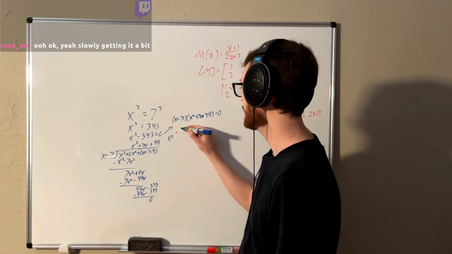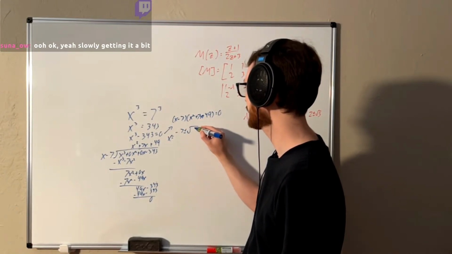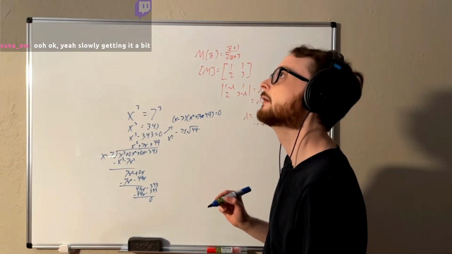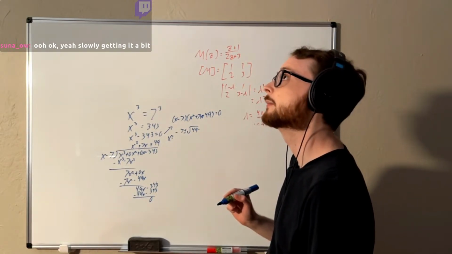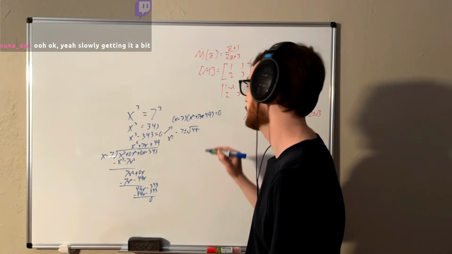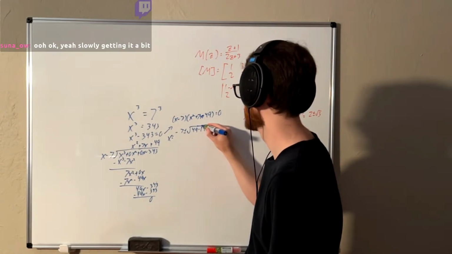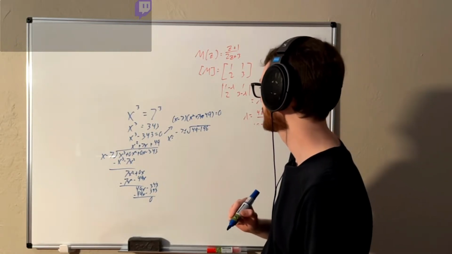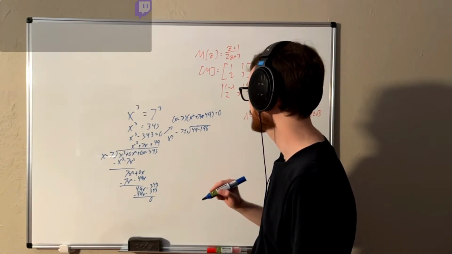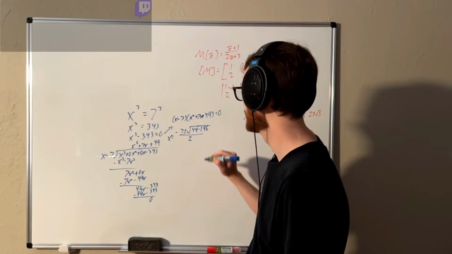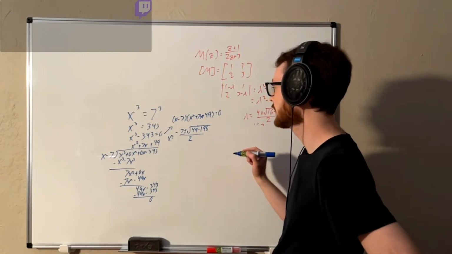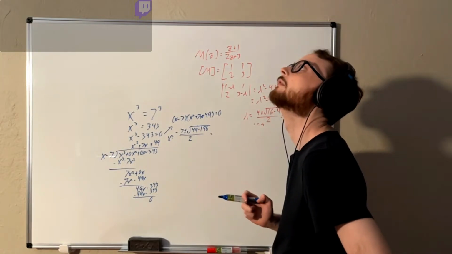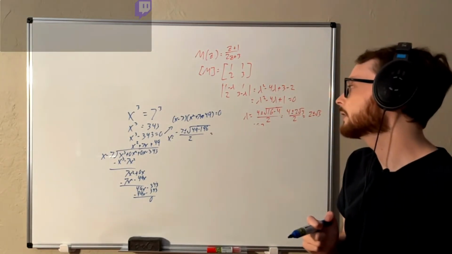So that's negative b, plus or minus root b squared minus 4ac. 4 times 49 is 196, right? Seems right enough to me. Over 2, 49 minus 196 is negative 147.